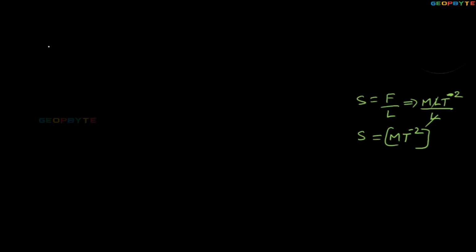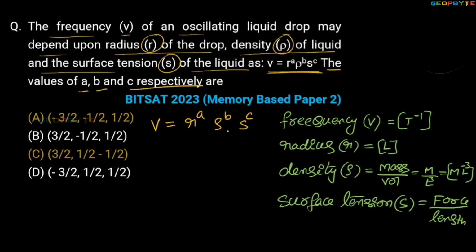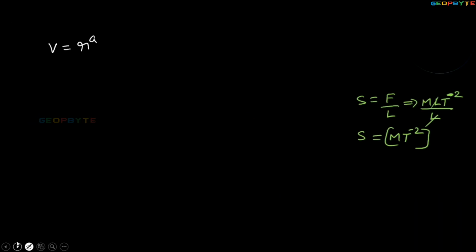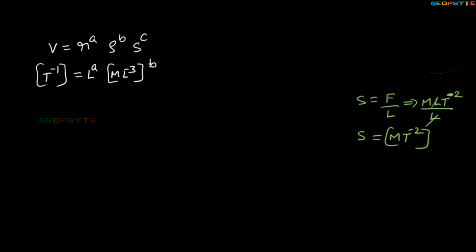It is given that the frequency v equals r^a rho^b S^c. Now let us write the dimensions on both sides. T^-1 equals L^a, times M L^-3 to the power b, times M T^-2 to the power c.